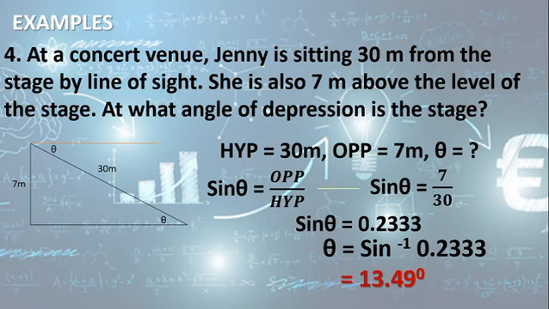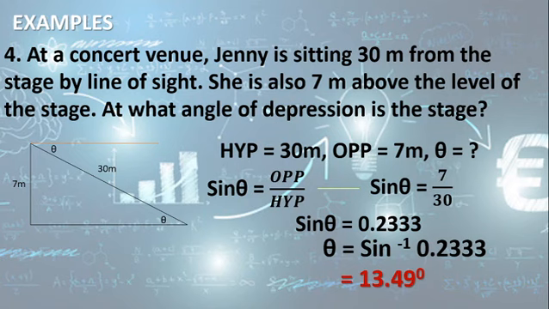I'll leave this answer this way, because we're not told to give it to the nearest degree or anything like that. So you could leave your answer this way, or if you want to approximate to a particular number of decimal places or whatever the case may be, ensure that you indicate that. But there is no problem if you left it without doing that at all.